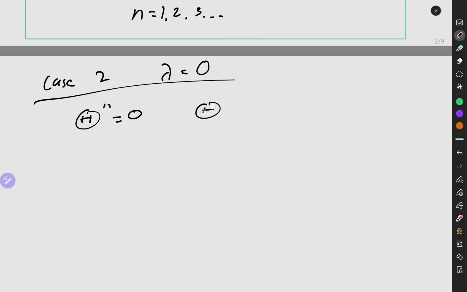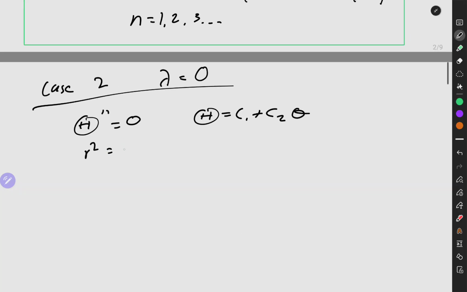So then theta is equal to C1 plus C2 theta, because r squared is equal to 0, r is equal to plus minus 0, which is repeated roots, so they use the shortcut of reduction of order.